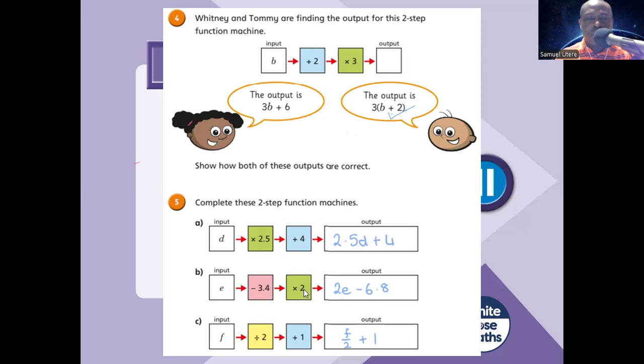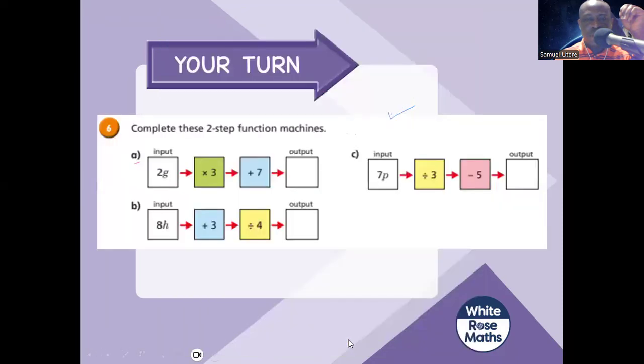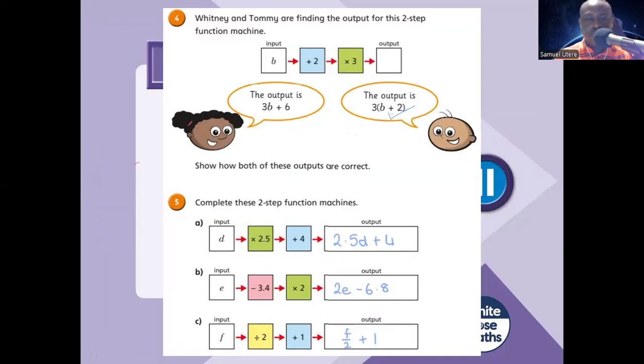So you're beginning to see the principle here. Here you have f divided by 2 plus 1. So take note, you do f divided by 2 first, before you add 1. It's really important you take note of these principles of algebra.